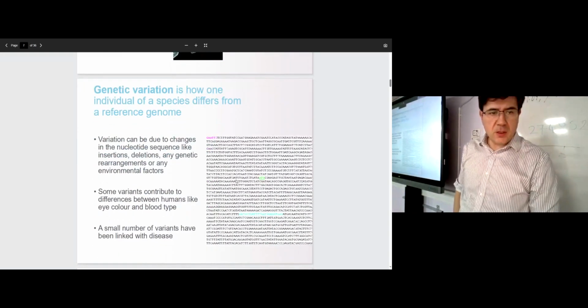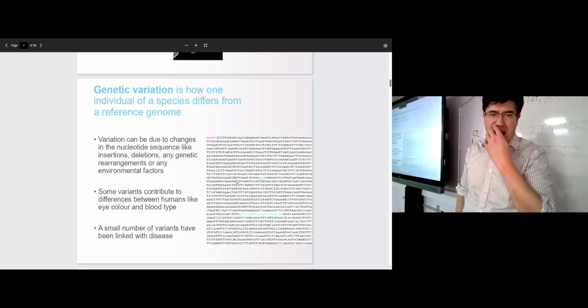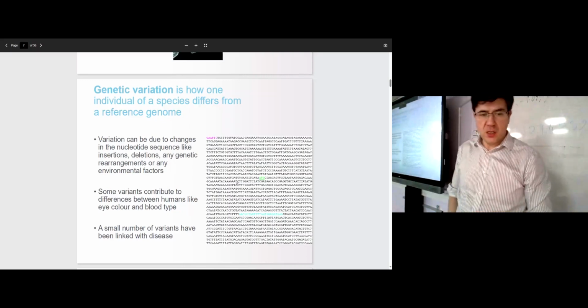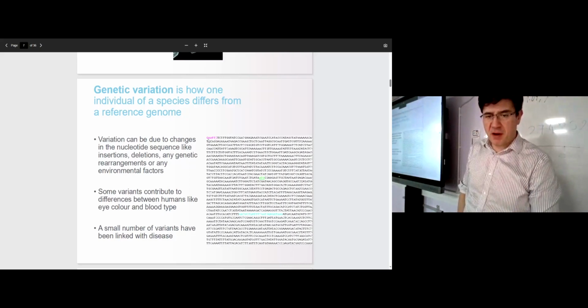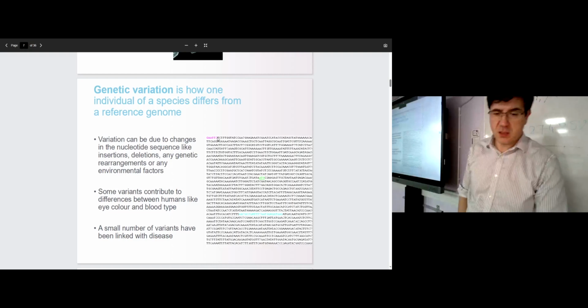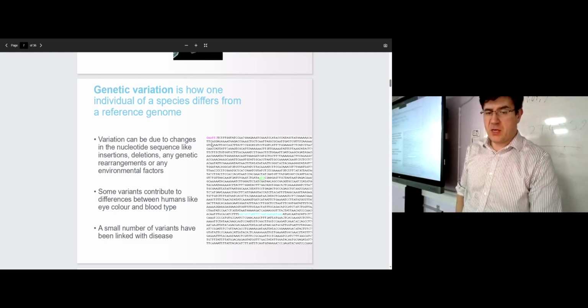So genetic variation, as I said earlier, is how one individual differs from a reference genome. If we have here a reference genome for a specific random region, and we see that the colored set of nucleotides or base pairs are different between an individual and the reference.